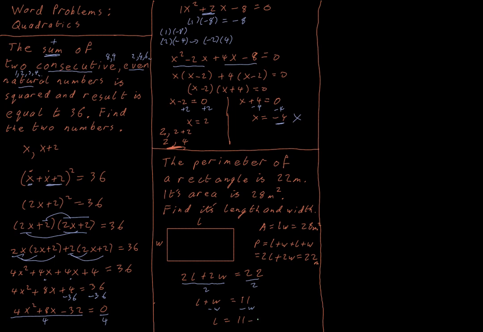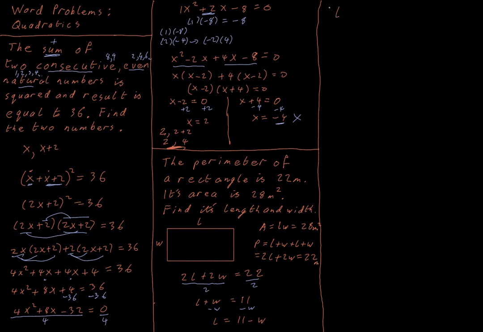I'd have 11 minus my width. So I can now talk about my length directly in terms of my width. And now that I've done that, I see that if I sub in L is 11 minus W into my area formula, then I'd have an equation that only involved W's. So I'd have one equation with one unknown, and I know how to solve that.